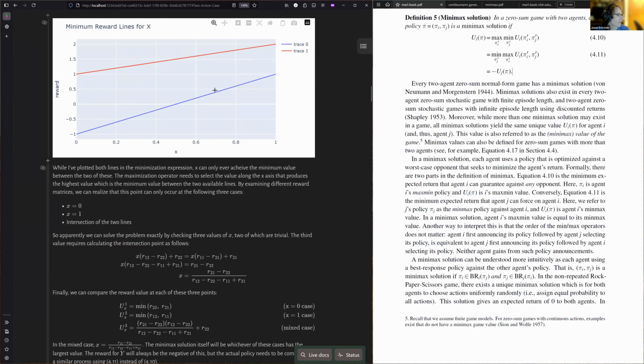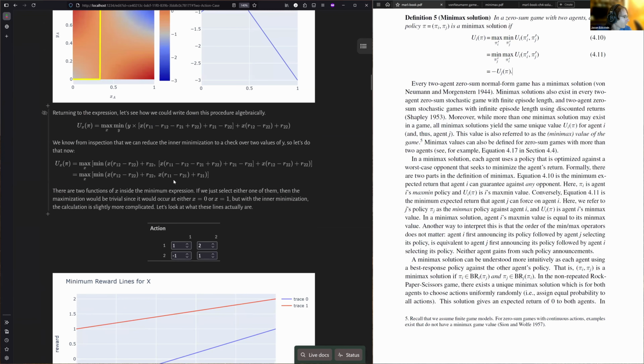So you could check in a simpler way, probably. Well, no, of course, you have to check if they're parallel. If they're parallel, they don't intersect. You can check if they're parallel by only evaluating the slope. So you compare the slopes. If the slopes are equal, which is R12 minus R22 and R11 minus R21, then you could ignore the intersection question.